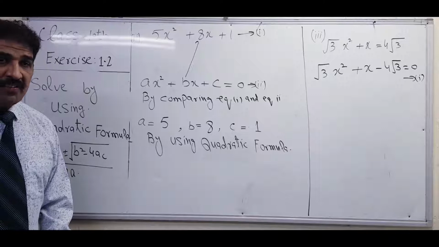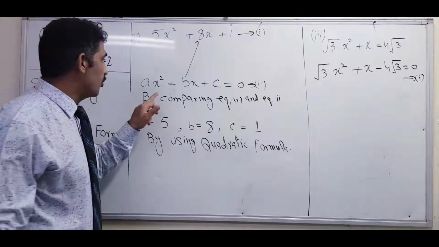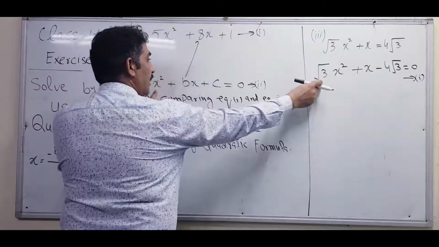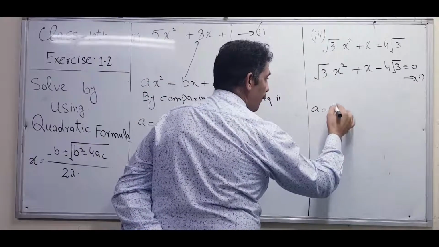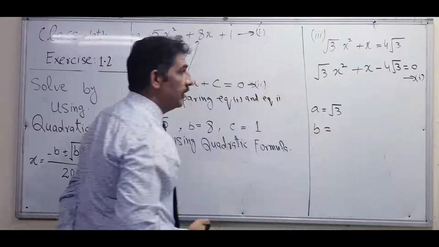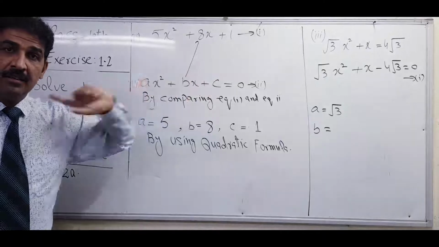I will also give you the values of A, B and C. When you compare x square here and x square here, what is the remaining coefficient? That is root 3. So the value of A is equal to root 3, and the value of B, the coefficient of x, how many x's are there? 1x.